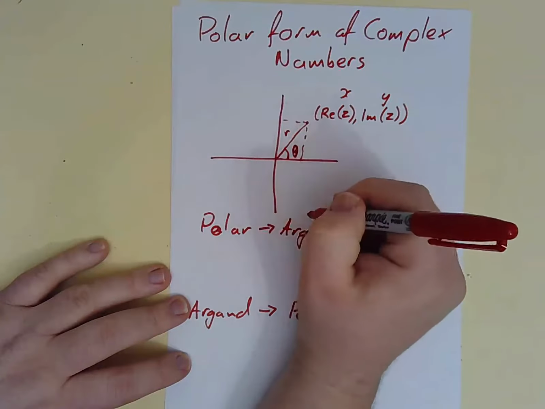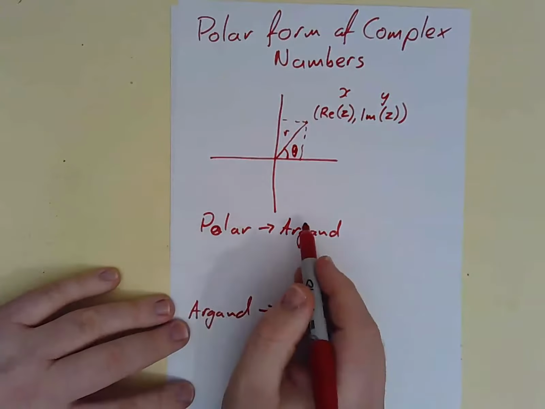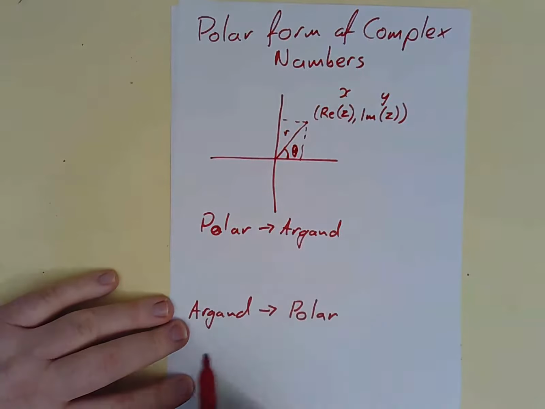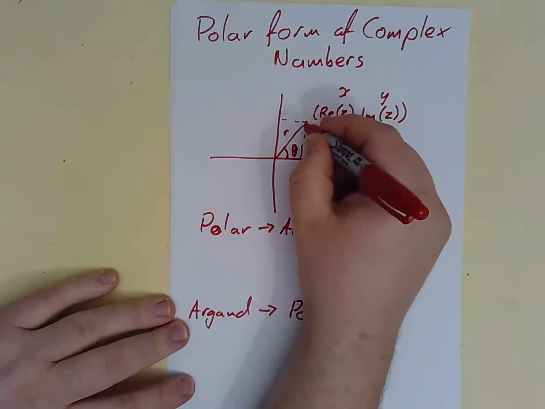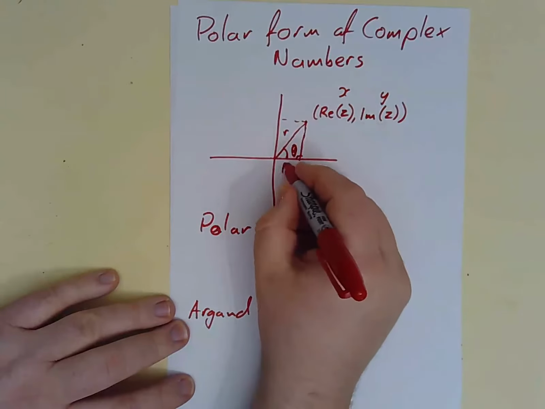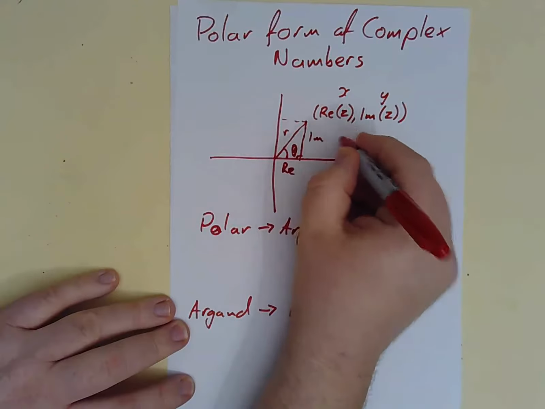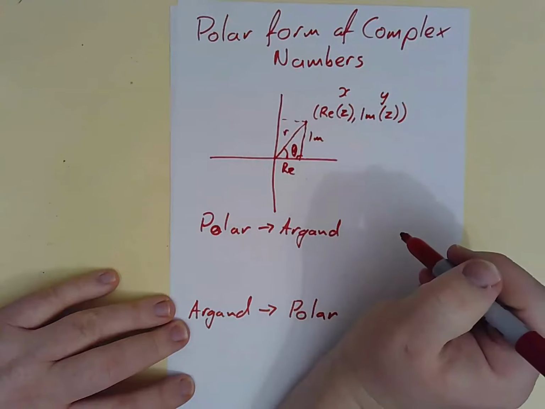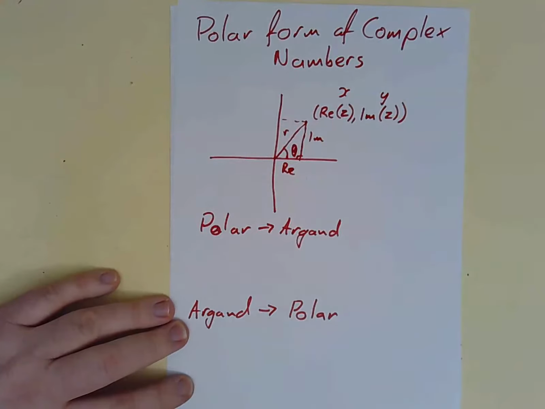So if I've got an r value and a theta value, how do I convert between them? I'm going to start with going from polar to argand because it will teach us something useful, but then we'll look at going the other way as well. If we think about this as a triangle, I've got a right angle triangle, with my real part along here, which is my x, and my imaginary part here, which is my y. That's a right angle triangle with an angle in it, and the r is my hypotenuse, so I can use sine, cos, and tan.